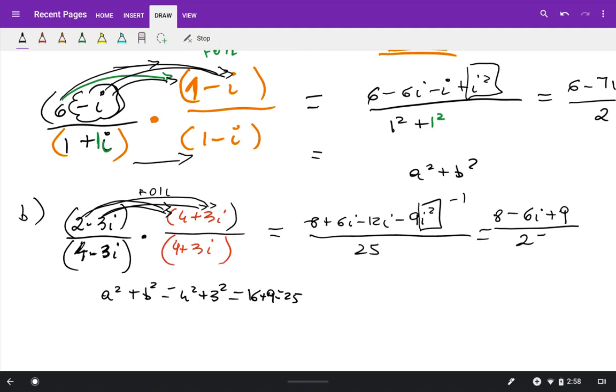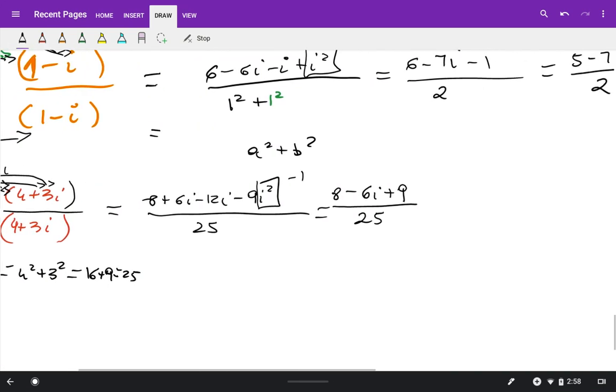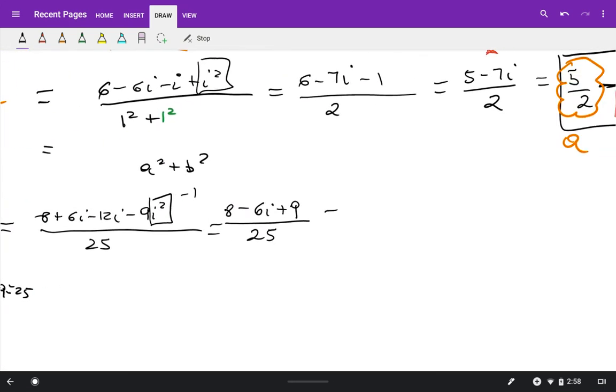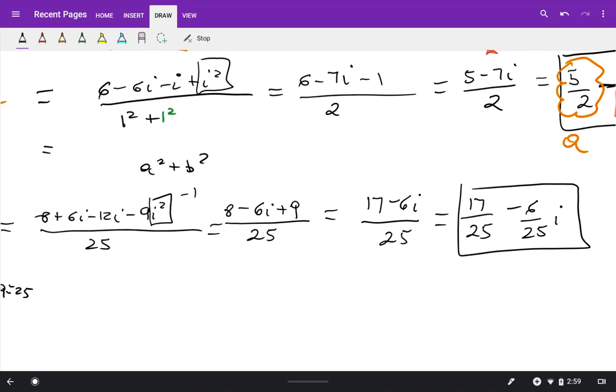Everything is over 25. Now we have 8 plus 9, which is 17, minus 6i over 25, and just split this over two fractions. This is the final solution. This is the standard form.